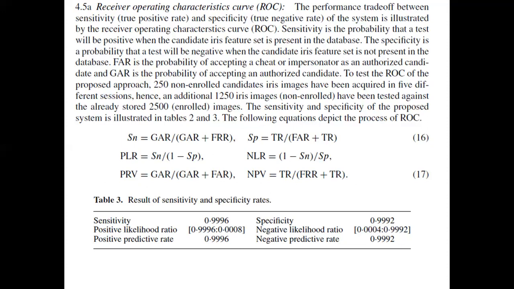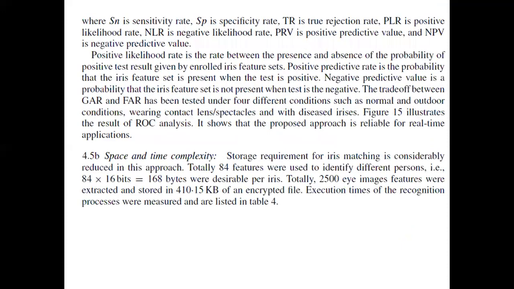Then there are the positive likelihood ratio, negative likelihood ratio, positive predictive rate, and negative predictive rate. These have also been tested in this system and will be listed.